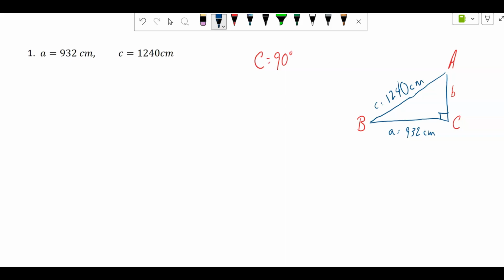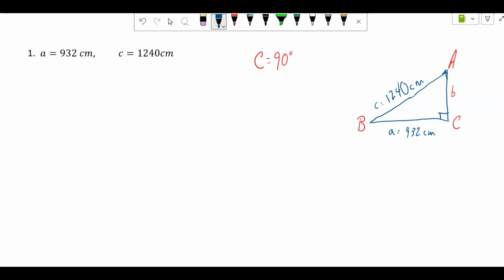I've got side a and side c. So with respect to angle A, what sides do I have? I have its opposite, and I have the hypotenuse.